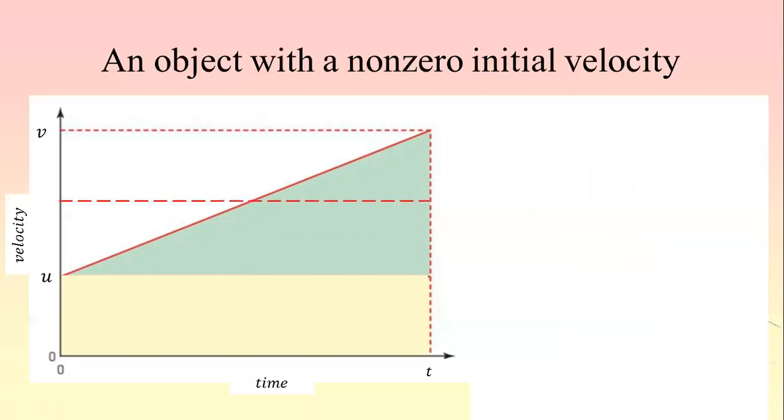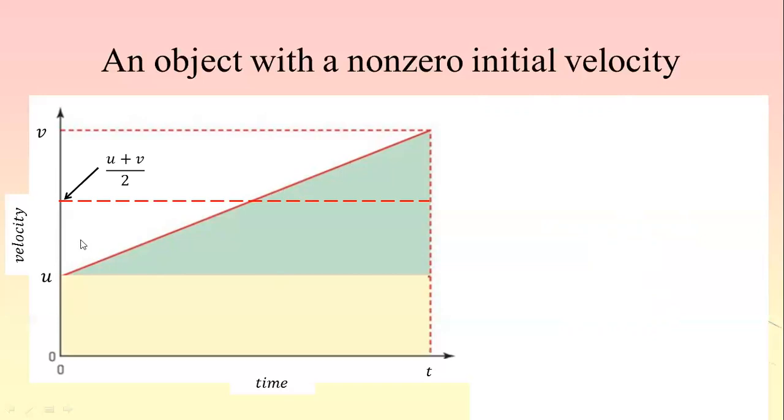Next, now let's look at this value over here. What is this value? This broken line indicates the average value between the initial and final velocity. So this is like the value at the middle of the initial and final velocities. Now, as you can see here, the gradient of the graph is constant, meaning acceleration is constant.